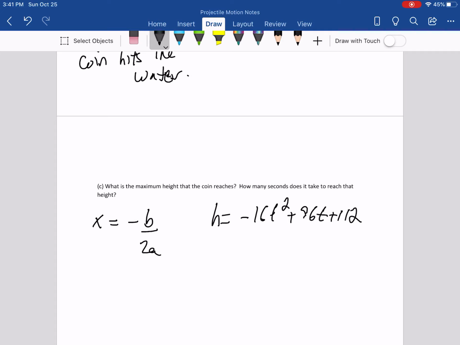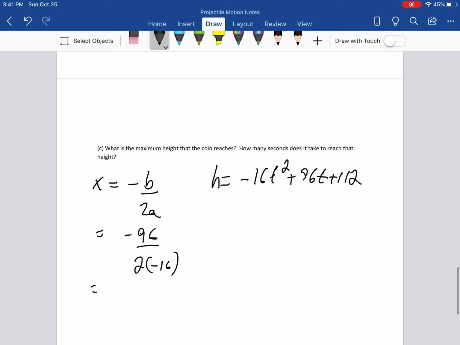Okay, so it'd be negative 96 over 2 times negative 16, which is negative 96 over negative 32, which is 3 seconds. Okay, so it reaches the maximum height after 3 seconds.